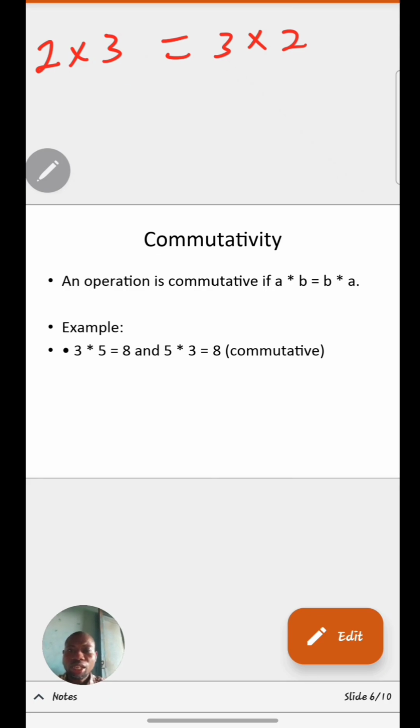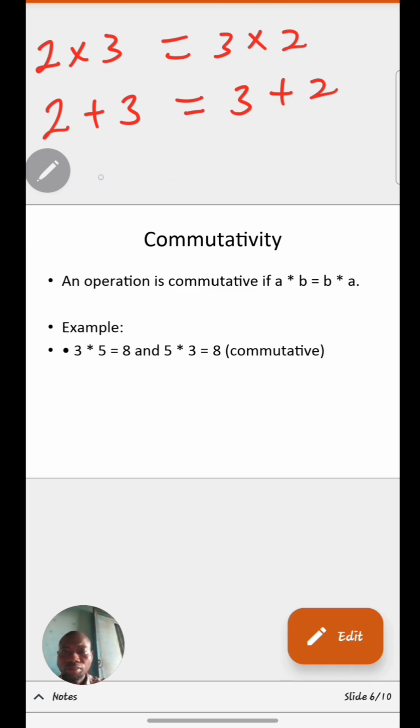Addition is also commutative because 2 plus 3 is the same thing as 3 plus 2. But subtraction is not commutative, because 2 minus 3 is not equal to 3 minus 2.